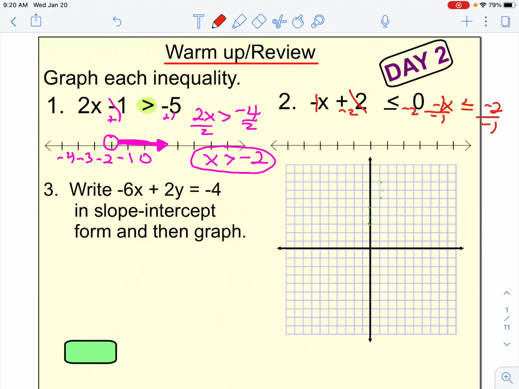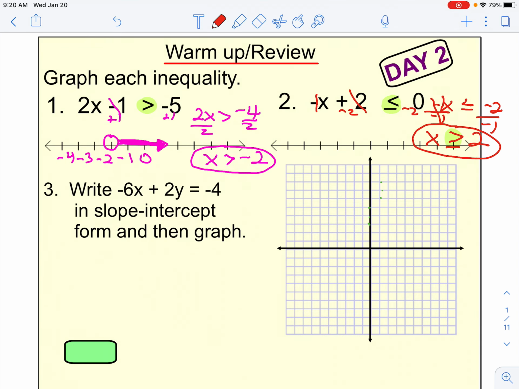And because I am dividing by -1, I have to flip the direction of the inequality to make it greater than or equal to 2. I said flip it, and then I actually didn't flip it. So I have to flip it to greater than or equal to. Notice the inequality changed. So that should be your answer right here.